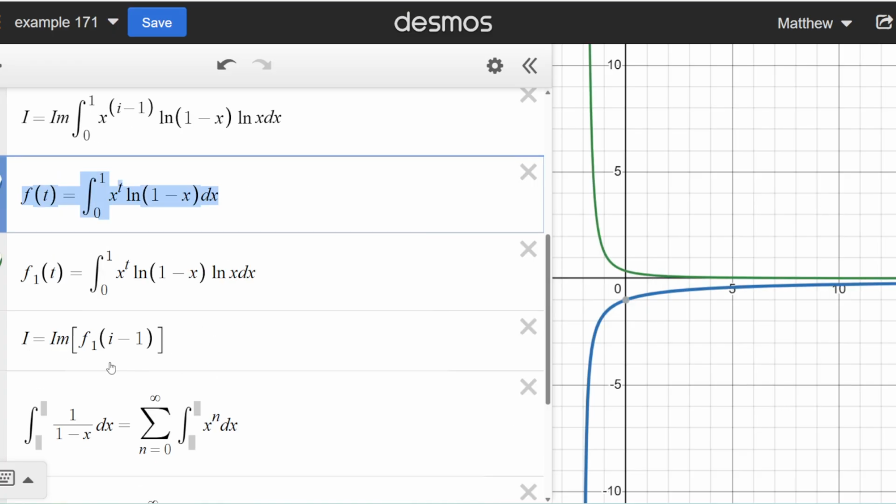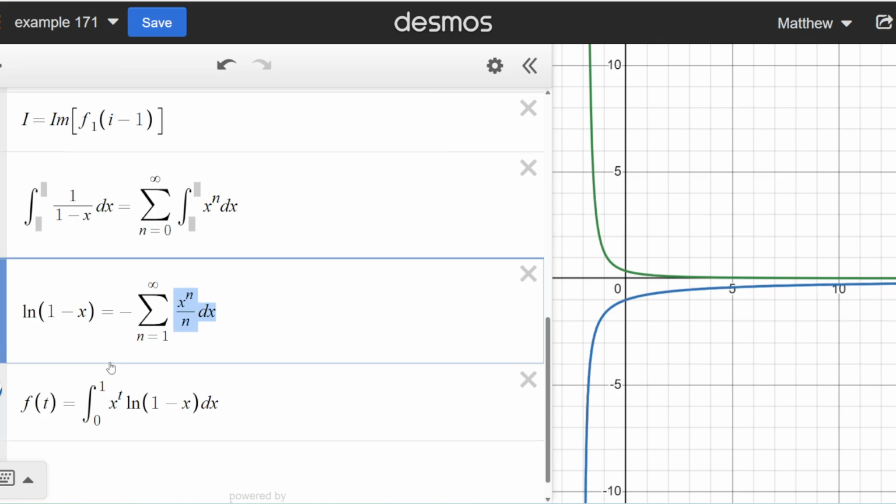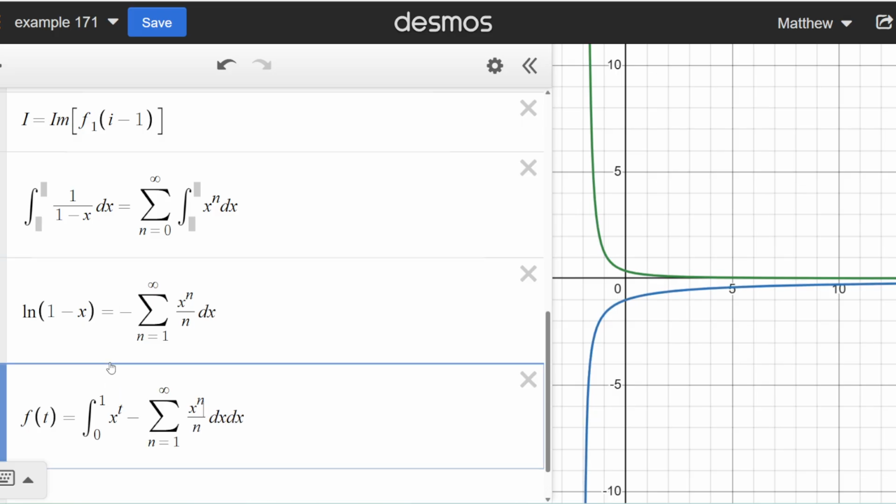All right, so now we have that. Let's rewrite our f of t using that. Bring this negative out here, and it looks like I have an extra dx here. This x to the t can come inside here as a plus t on our exponent.